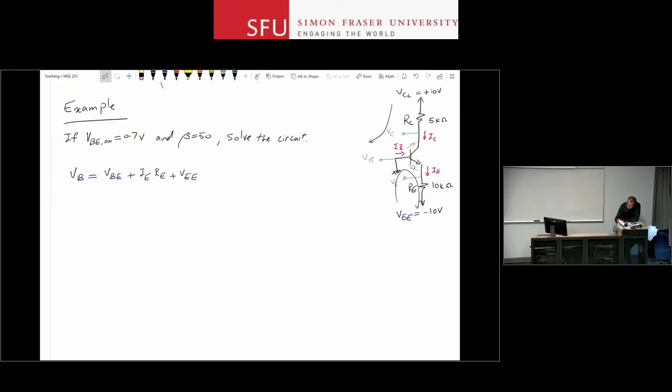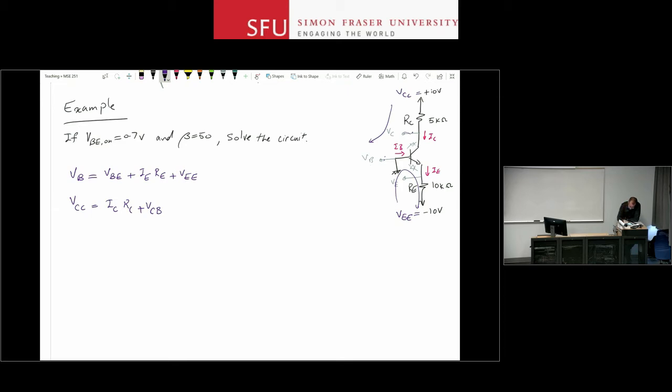The top loop, I can write a KVL over there as well. So VCC is equal to IC RC, the voltage drop across the resistor, plus VC, that's it. Or VCB if I want to end at ground, right? So VCB goes, so this voltage plus this voltage, and then I'm at the ground.